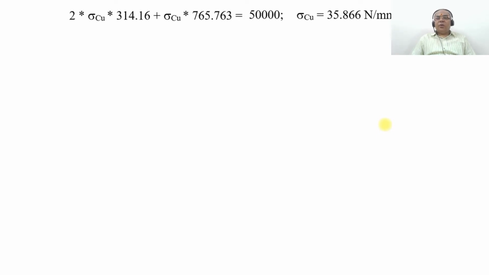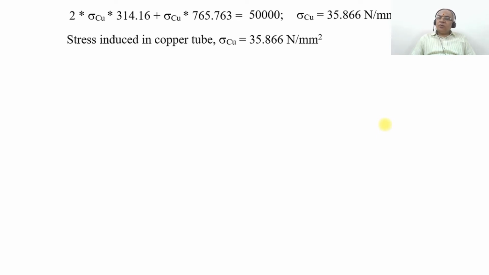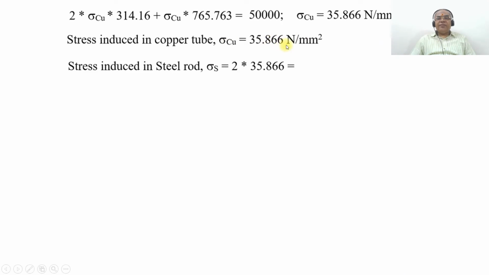Now once you get the value of sigma CU, you will get the stress induced in the steel rod also, which is 2 into sigma CU. Stress induced in the steel rod is equal to 2 into 35.866. On calculation, you will get the value as 71.732 Newton per mm square.